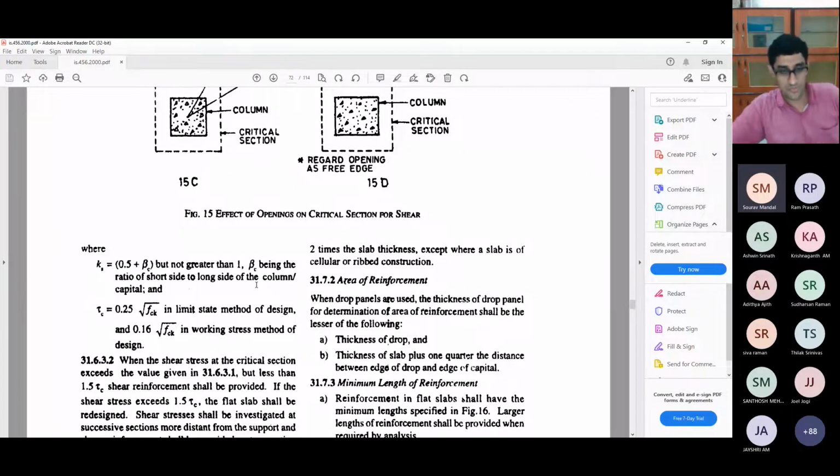If you have a column, then the dimension ratio of the column. If you have a capital, then the ratio of the sides of the column capital. So that is beta c, and that's the factor Ks. Then tau c, since you're using limit state method, is 0.25 root of fck.